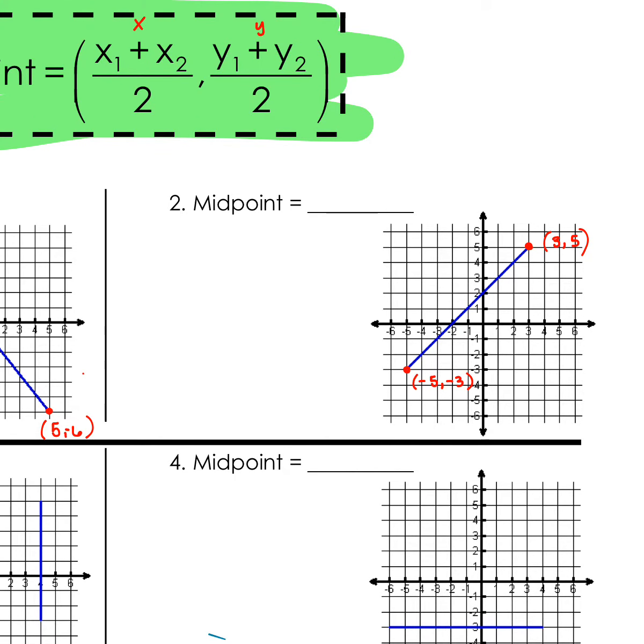So again, we got our endpoints of negative 5, negative 3, and 3, comma 5.